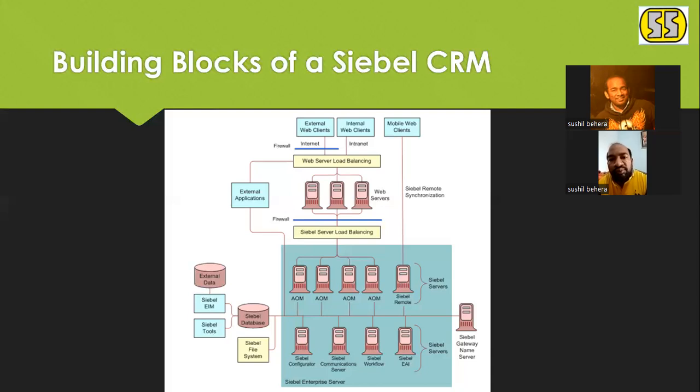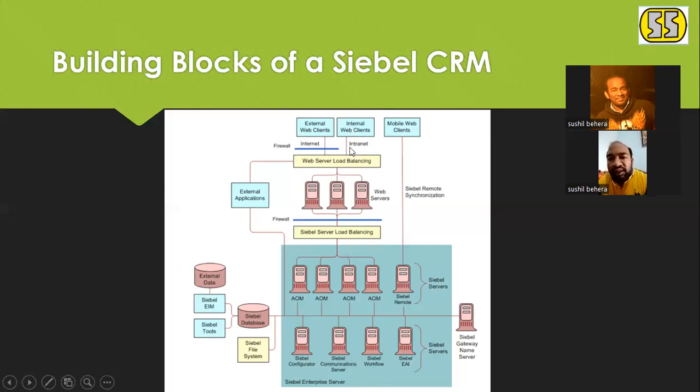This is to enable the intranet, so that you can connect to your system and do your work. From all across the internet, no one will be able to access our Siebel application. This is for security purposes, so we call it the internal web client. Okay, so we have understood the internal web client.